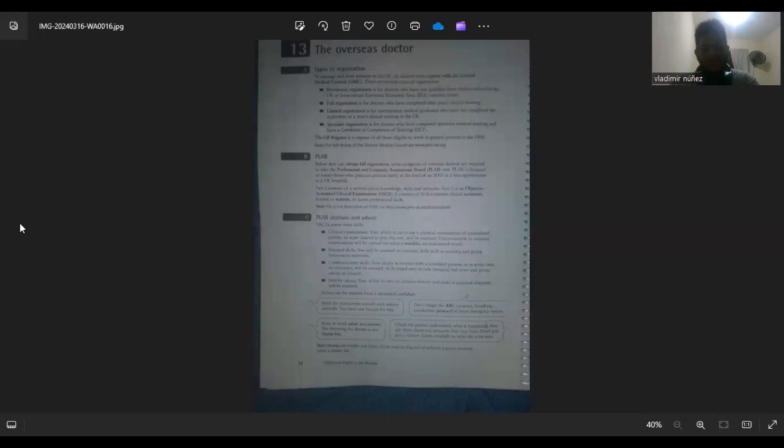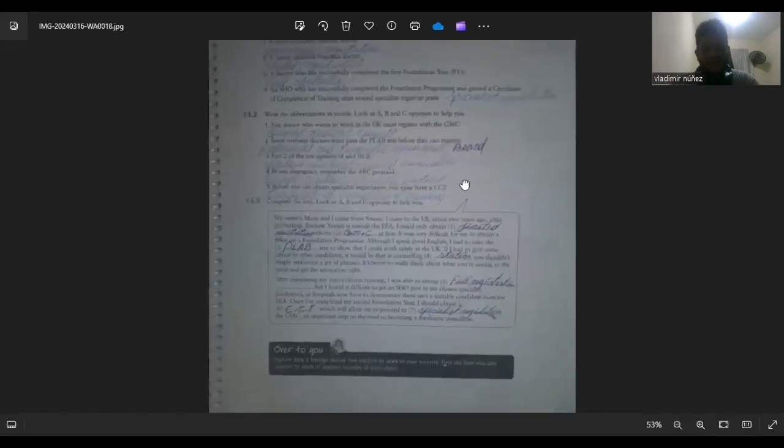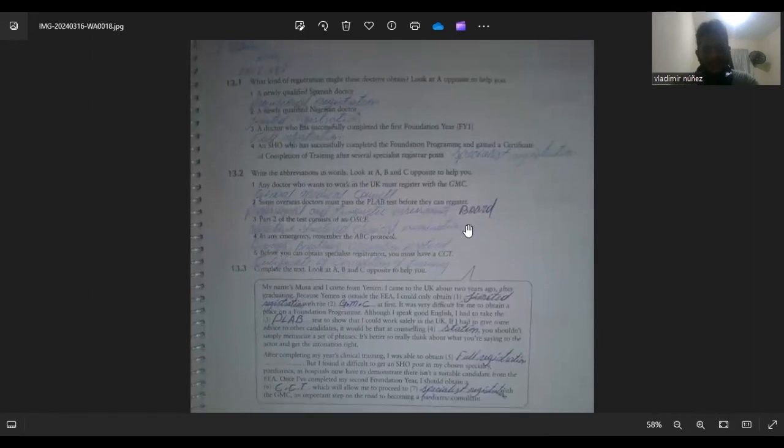Exercise 13, exercise 14. What kind of registration might this doctor obtain? A newly qualified Spanish doctor: provisional registration. A newly qualified Nigerian doctor: limited registration.